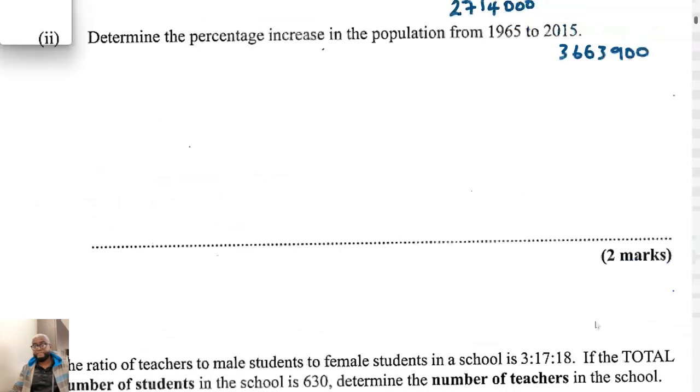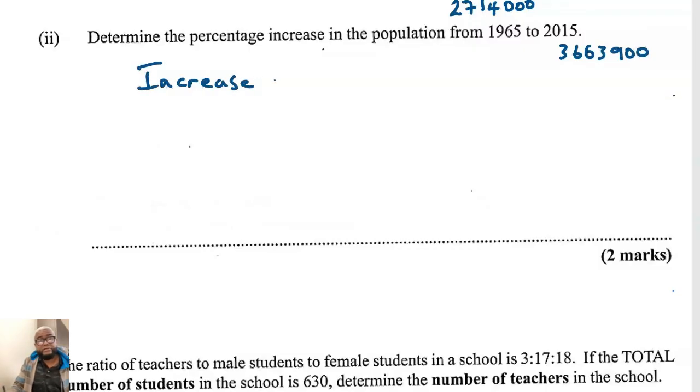All right? You all tell me, in order to find the increase, what do I need to do? I need to find the increase first, right? Before I can find the percentage increase. So what's the increase? How am I working on that?